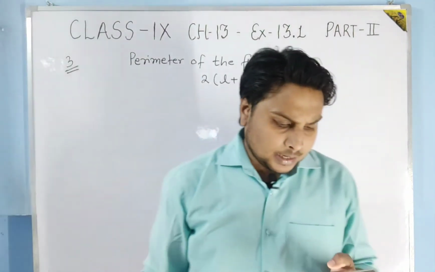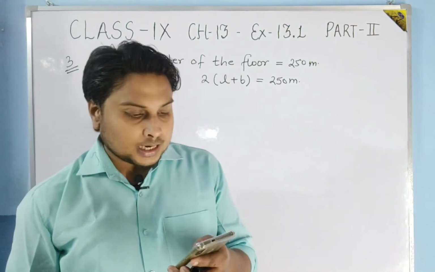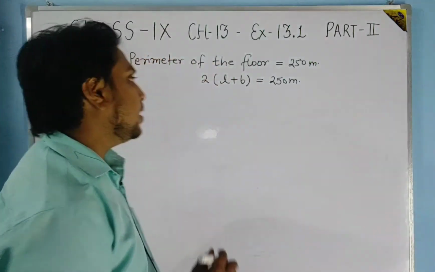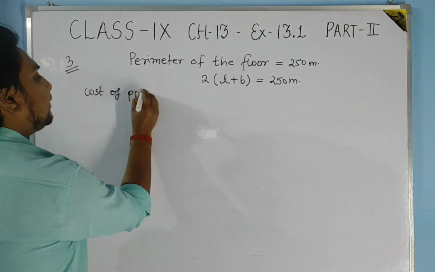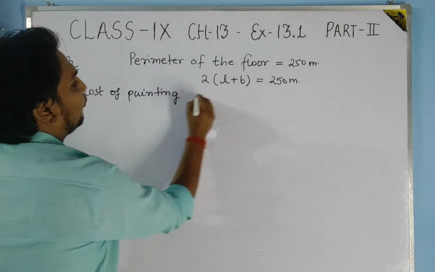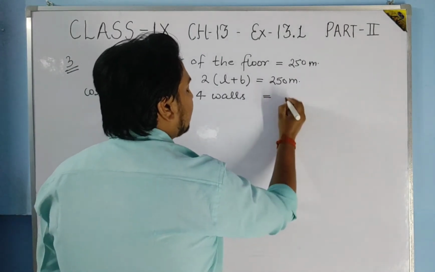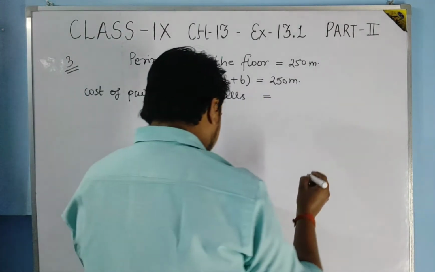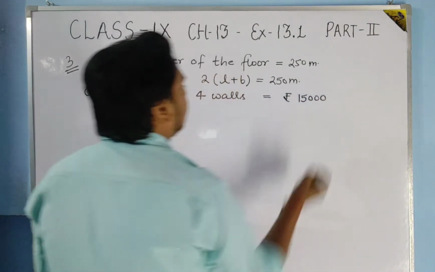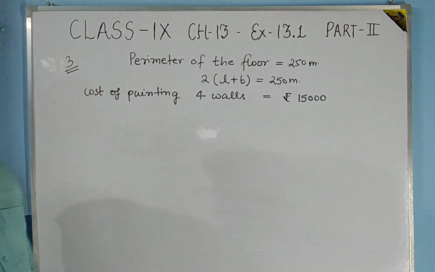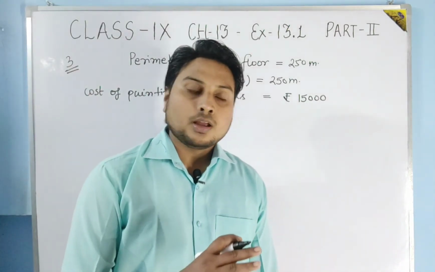It is also said that the cost of painting the 4 walls at the rate of rupees 10 per meter square is rupees 15,000. The cost of painting, students, you know very well how we will get the total cost.